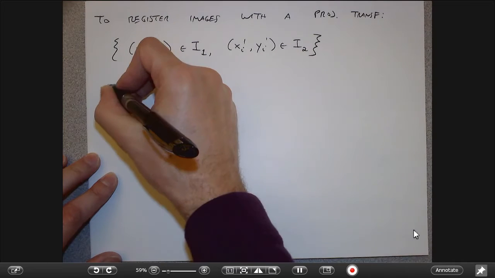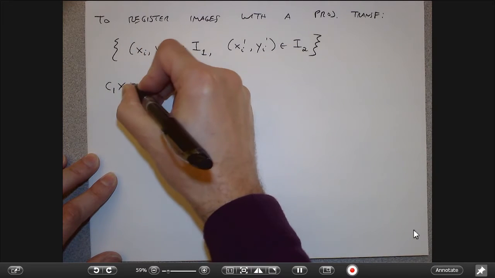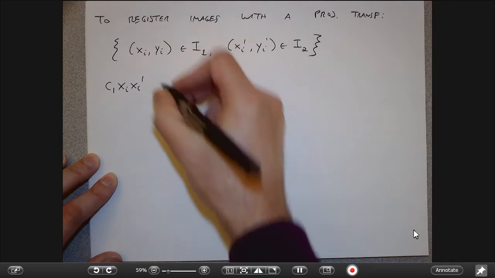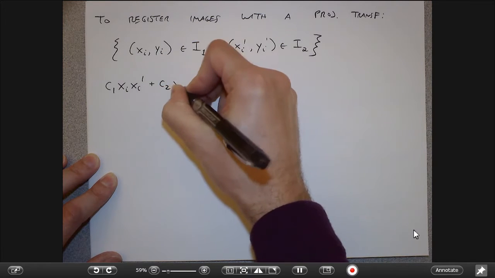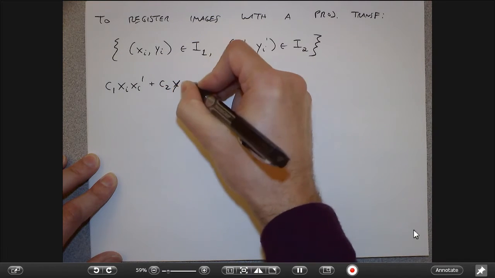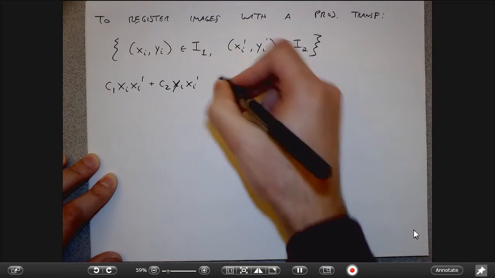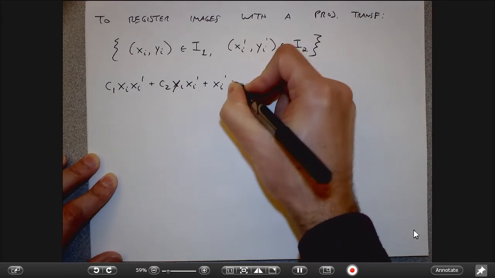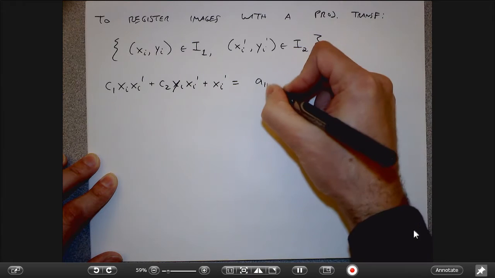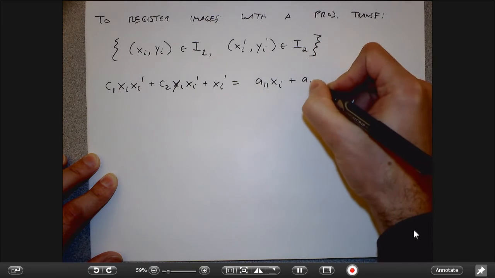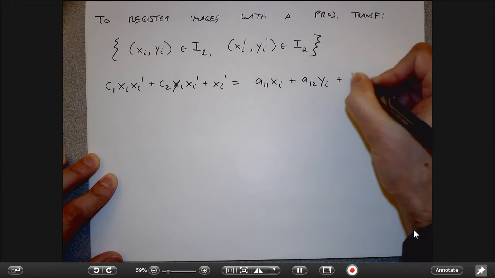That says that I have C1 xi prime plus C2 yi xi prime plus xi prime equals A11 xi plus A12 yi plus B1.